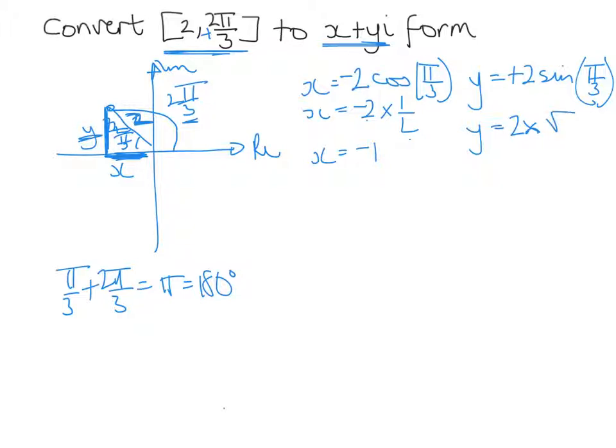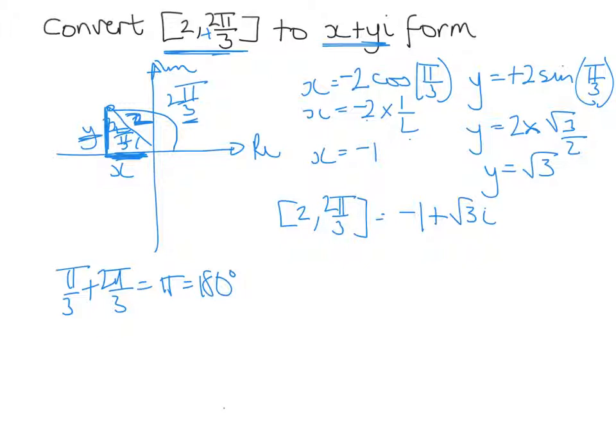Now sine pi over 3 is equal to root 3 over 2, so y will be equal to root 3. So 2, 2 pi over 3 is equal to -1 plus root 3 i.